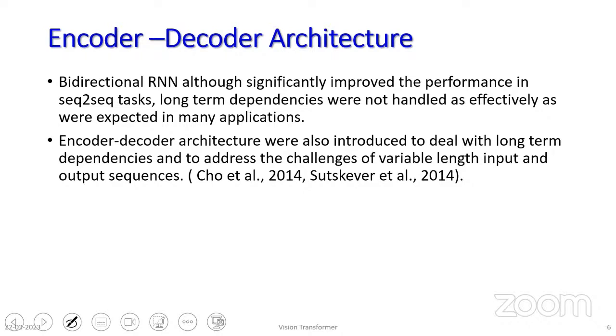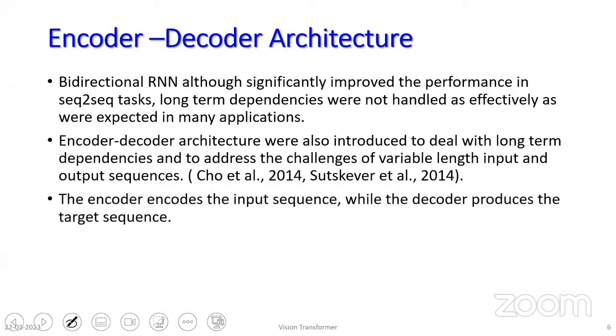input and output sequences, because even in machine translation, you know that the input can be 5 words and the output just 4 words, or the input can be 3 words. There are many cases where the input and outputs will be of different length. So the encoder in encoder-decoder architecture encodes the input sequence while the decoder produces the target sequence.